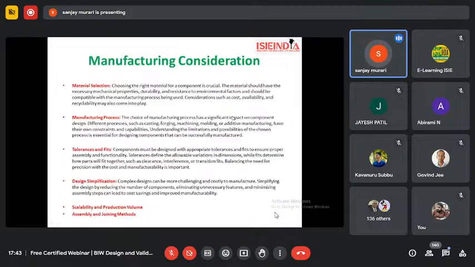When all this happens, we should take care of the manufacturing point of view also. Based on what parameters do we need to consider, that we are going to see. First, material selection. The material should be easily available.